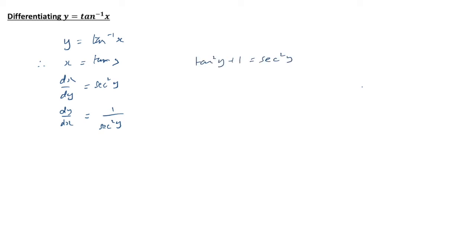Now this time we're going to use an allied or connected equality which comes from sine squared plus cos squared equals 1, and that gives us tan squared y plus 1 is equal to sec squared y. Therefore sec squared y is 1 plus x squared, because x is equal to tan y, and that means we can conclude that dy by dx is 1 over 1 plus x squared.